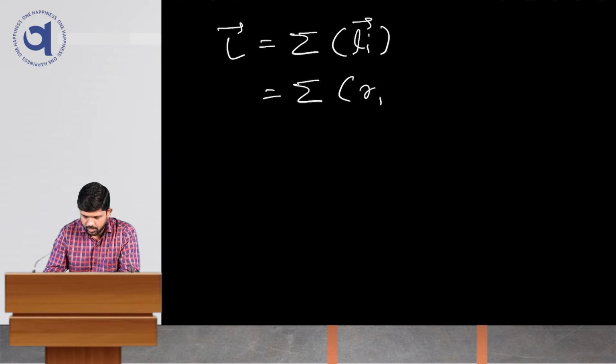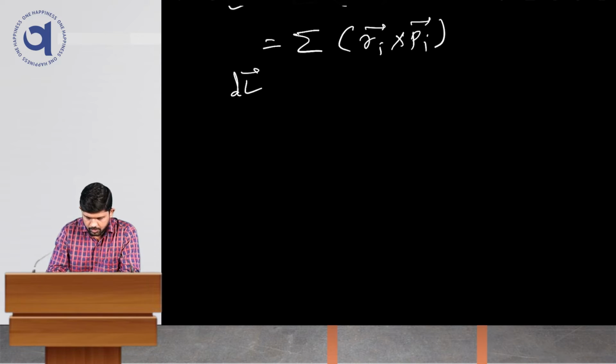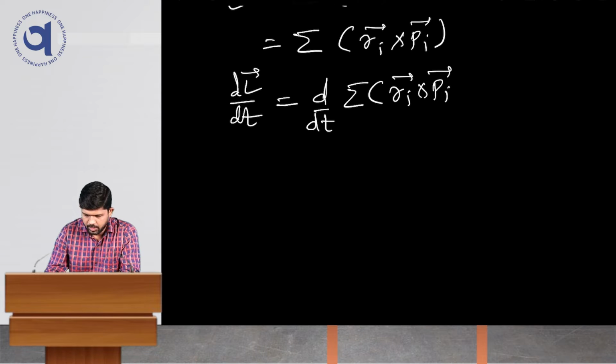So we are writing here ri cross pi, where ri is the position vector of the ith particle and pi is the linear momentum of the ith particle, right? Now let us differentiate this equation with respect to time. So we get here d by dt of the whole summation of ri cross pi, like this.